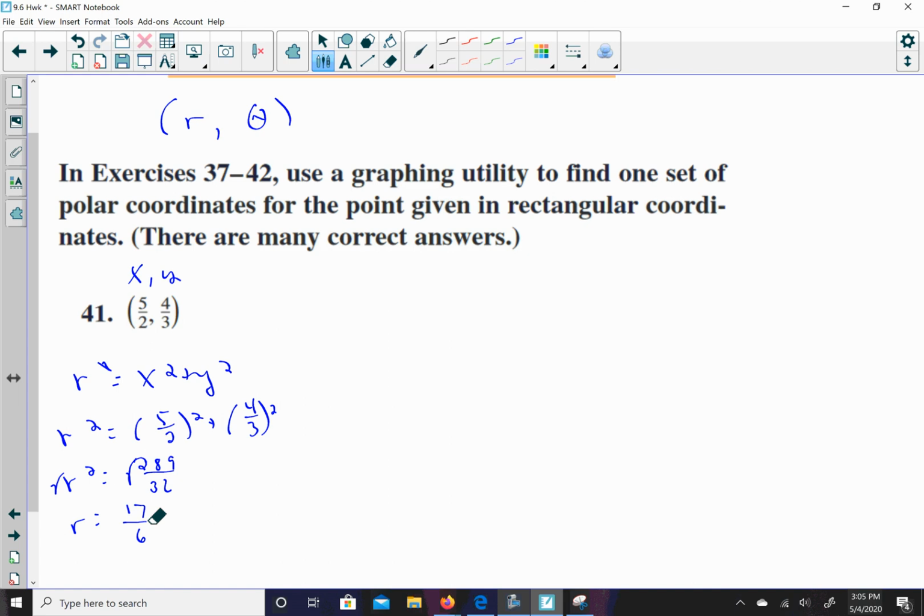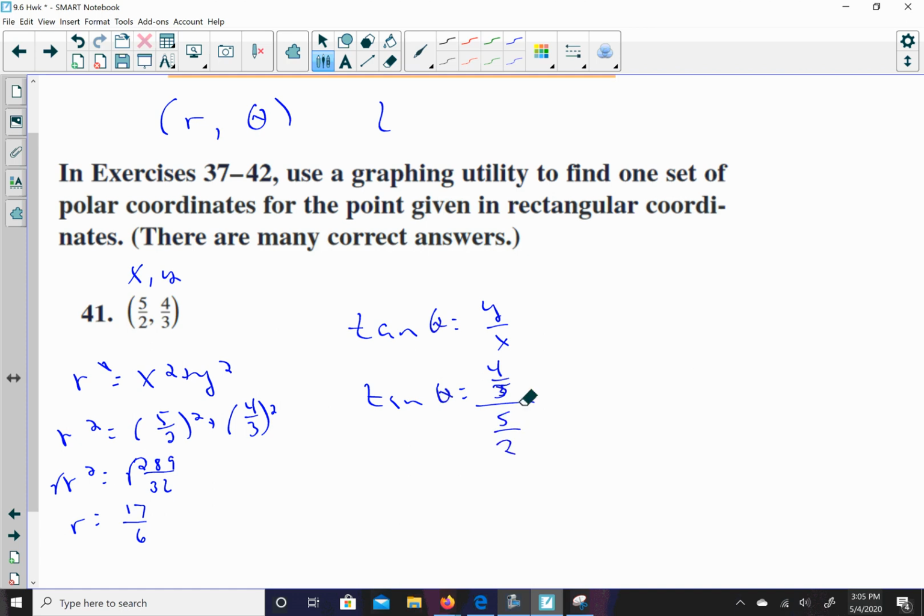So remember, to find theta, they tell you that the tangent of theta is equal to y over x. So I'm going to start with the tangent of theta. My y in this case is 4/3 over my x, which is 5 halves.